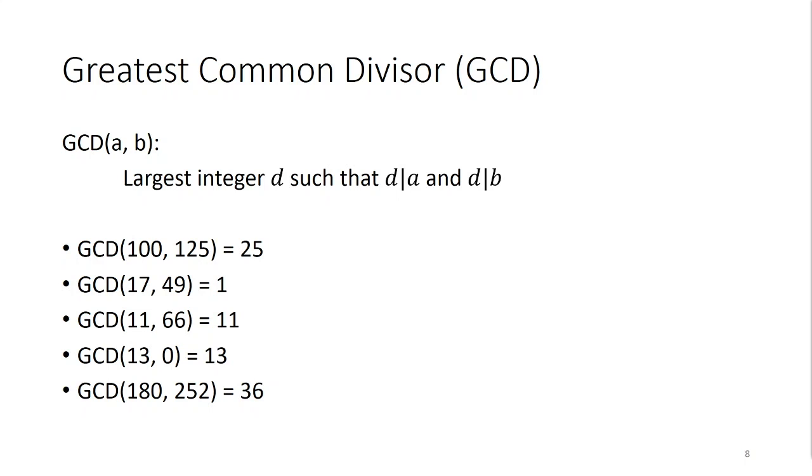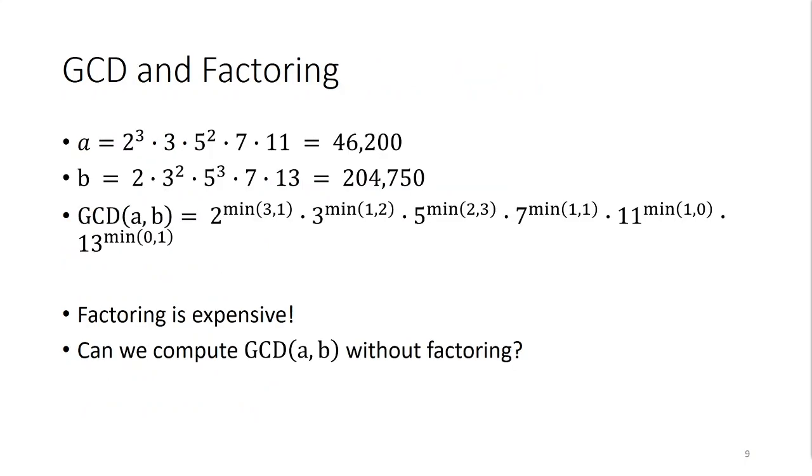So if we have 100 and 125, 25 is the greatest common divisor. We can find that using factoring, because if you have the prime factorization, you can see the common prime factors and how many times each is used for the number.